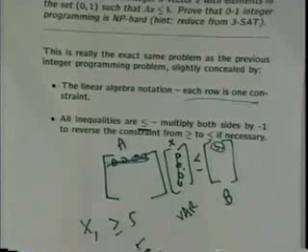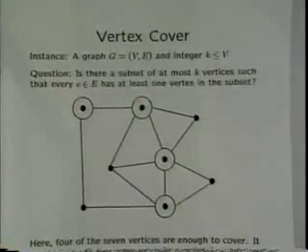Again, once you understand what integer programming is, that's actually a pretty straightforward reduction. You really should believe that one and understand it before you get into some more complicated reductions, like we're going to talk about now. Any questions? Okay, let's look at a second reduction.